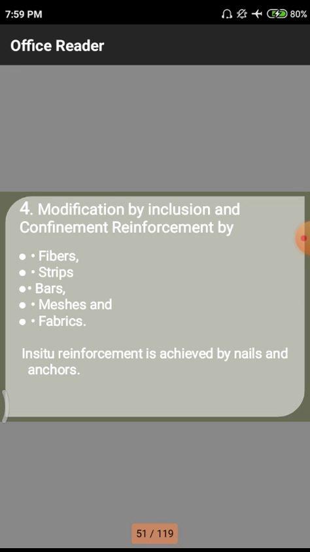The first one is fiber. Fiber is an extra additive which is added to the material to strengthen the bond between different layers and different particles.